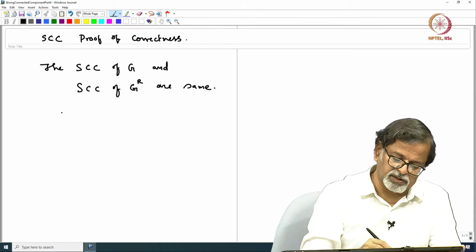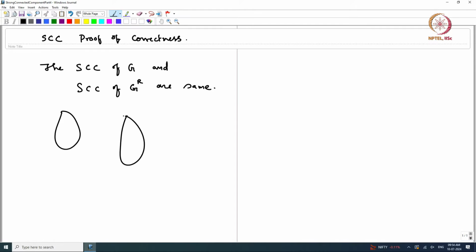So this may be a component Ci and this may be a component Cj, and there may be edges like this, but when you condense you get Ci and Cj. Notice that the edges can be only in one direction. You cannot have edges in both directions.